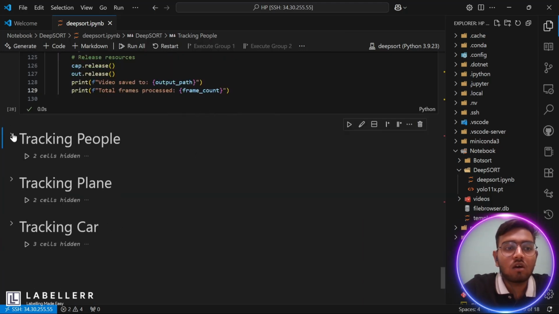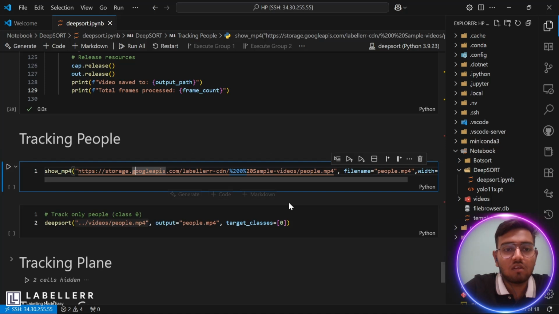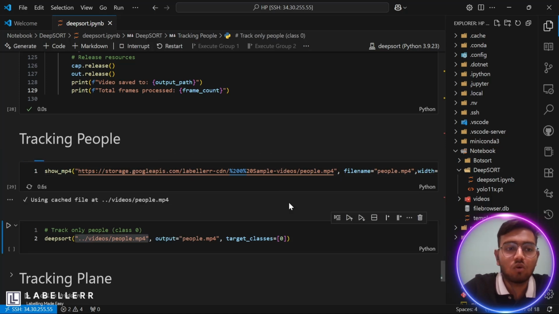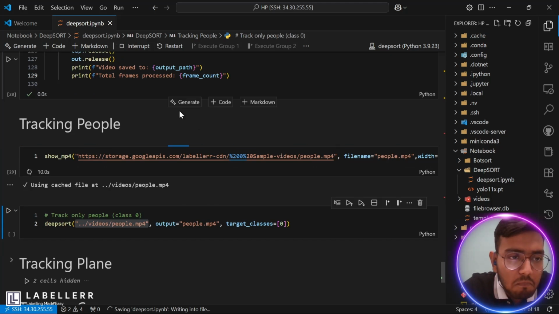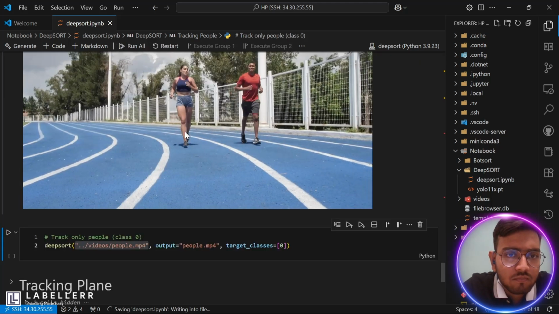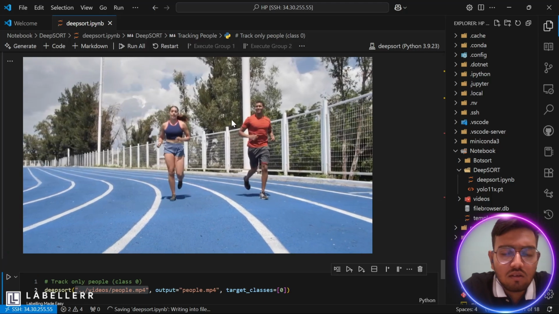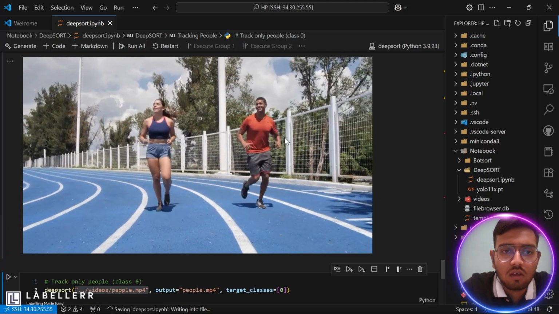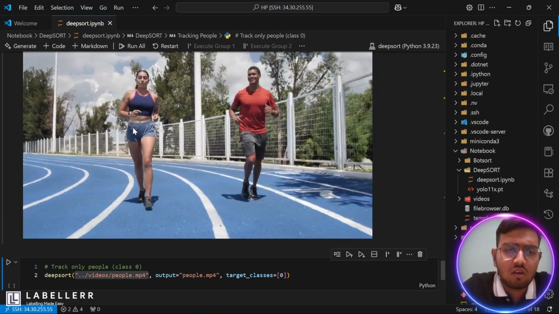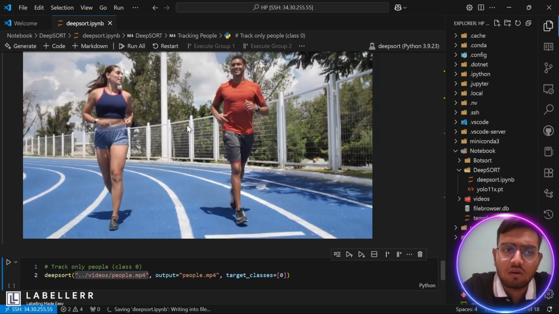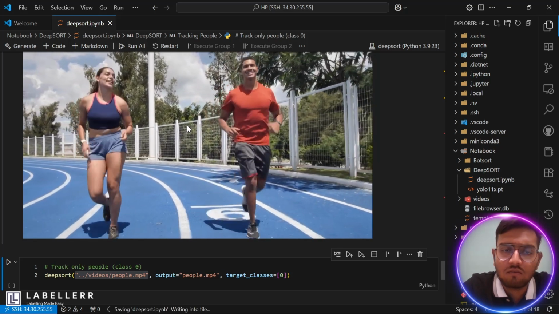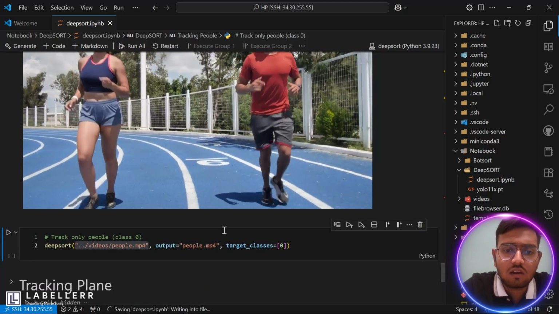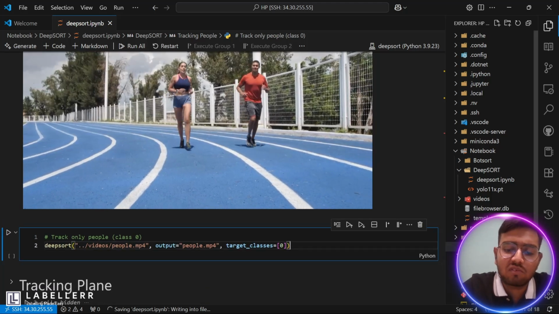Let's track people first. This is the sample video I'm going to use in this tutorial. This is a video of two people jogging. So it's a really simple video and a very easy tracking video for a tracker. Let's implement deep sort.